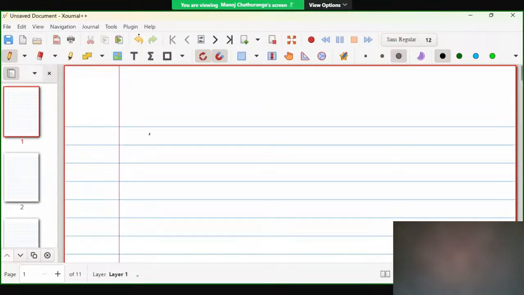Right. So say you have this graph of 2 to the power x.